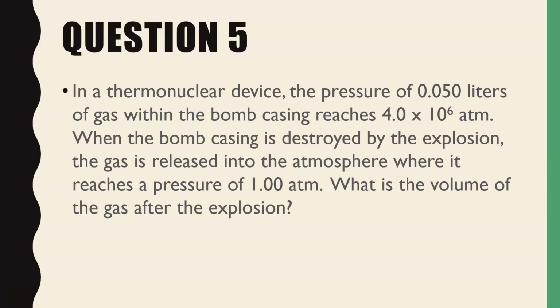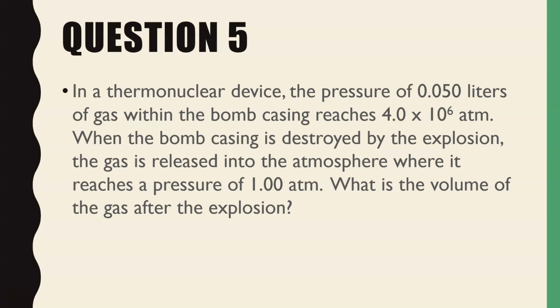Question 5 tells us that in a thermonuclear device, the pressure of 0.05 liters of gas within the bomb casing reaches 4.0 times 10 to the 6 atmospheres. That's a big number. When the bomb casing is destroyed by the explosion, the gas is released into the atmosphere where it reaches a pressure of 1 atmosphere.